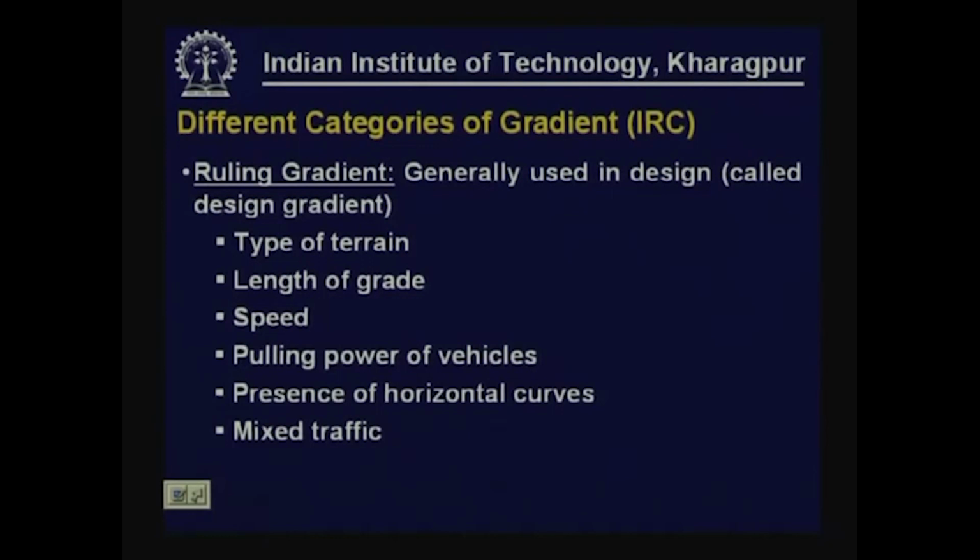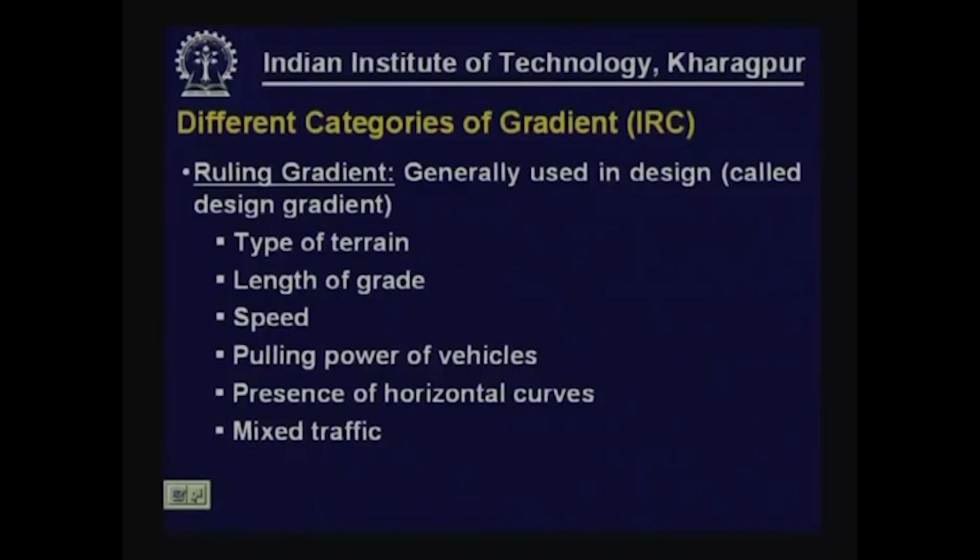It is not an easy task to fix the limit for ruling gradient, because the gradient which is acceptable in a plain region may not be acceptable for a hilly region. So, it has to be a function of the terrain classification, or depending on the terrain condition it will vary. Similarly, length of the grade and speed.